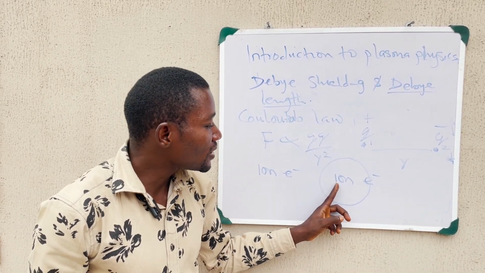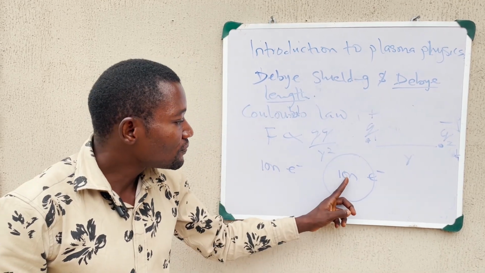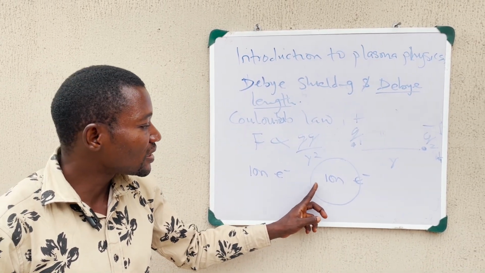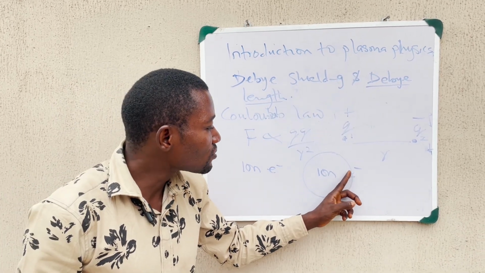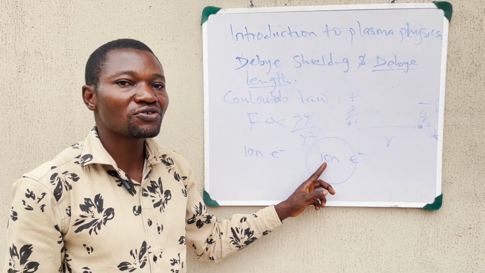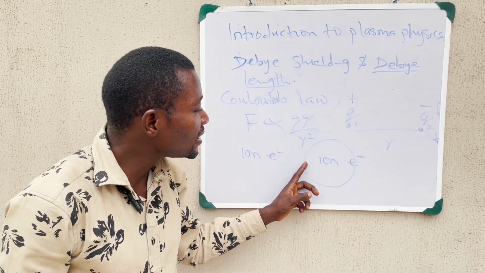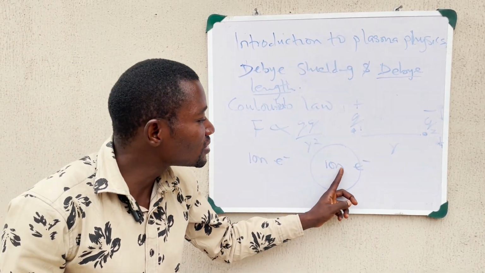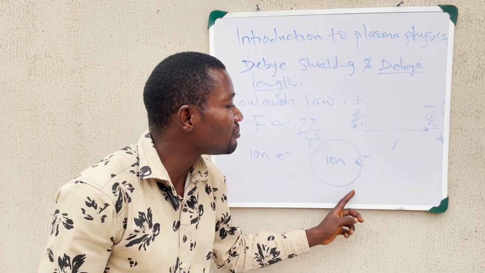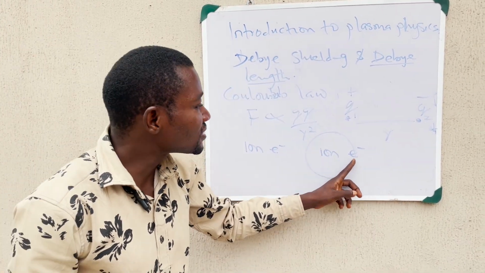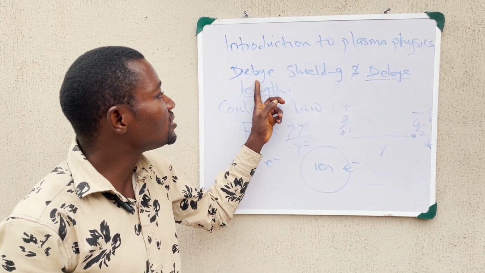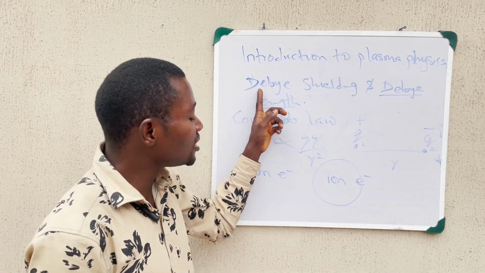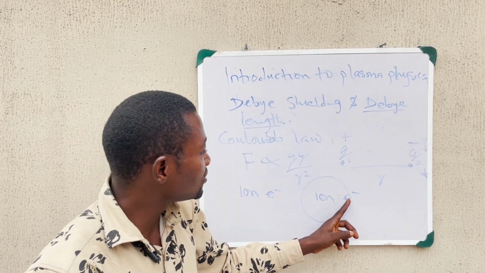But in the case of plasma, the force of attraction is definite. What do we mean by that? As an electron is attracted to the ion, the electrons form a cloud, form a shield, thereby reducing that force of attraction to other nearby electrons. And that shield is what we call the Debye shield. It was named after the scientist Debye that discovered this.